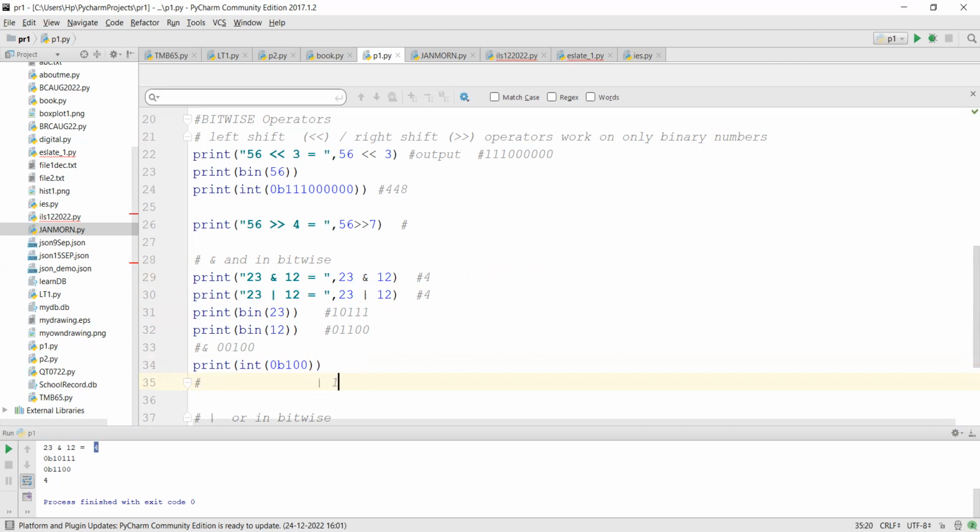We said even 1 1, it's 1. 0 1, 1. 1 0, 1. 1 1, 1. 1 1, 1. 1 0, 1. 1 0, 1 and 1. Okay, so this will be 23 bitwise OR 12, it is going to be this one. You can put it here. So when you run it, you see 31. You get 31 here.